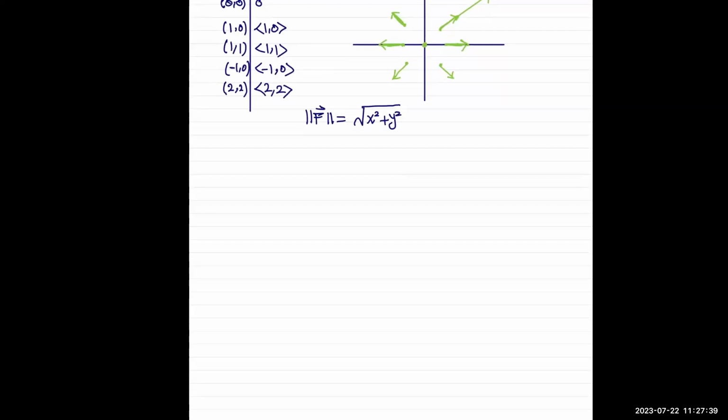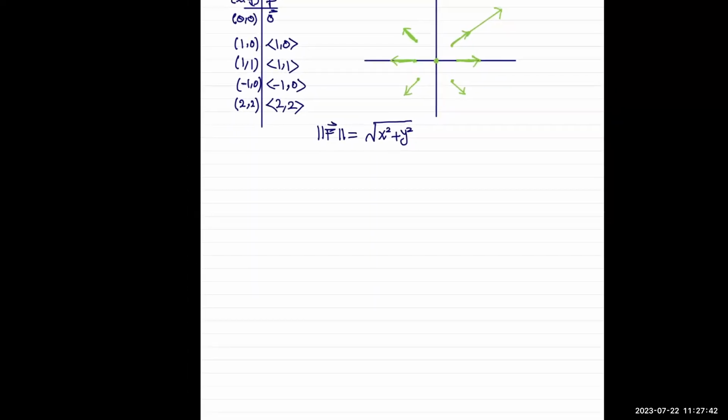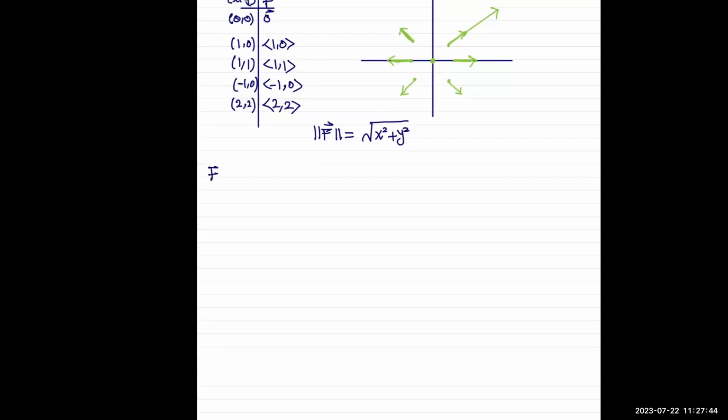Okay, let's look at a couple more vector fields. The vector field in 2 dimensions given by negative y, x.